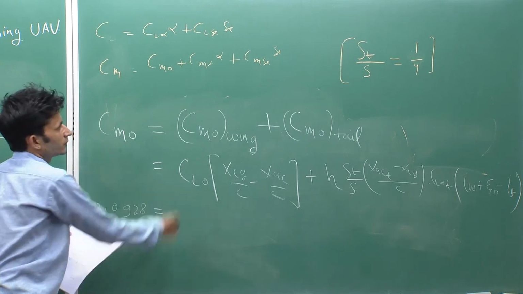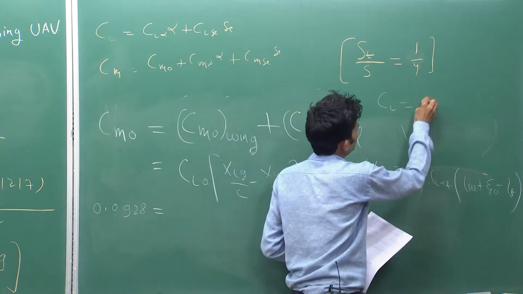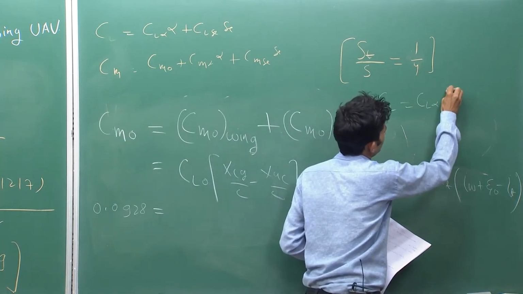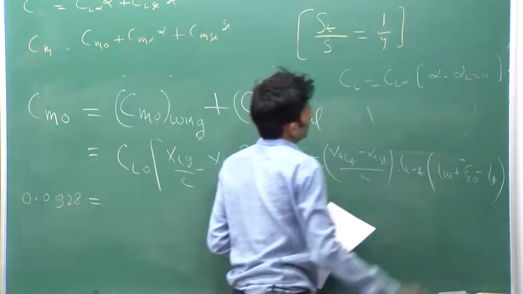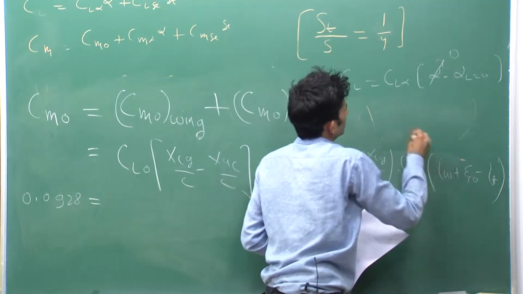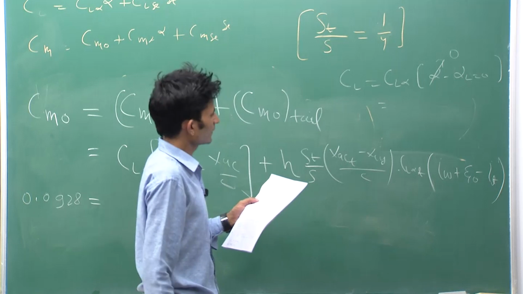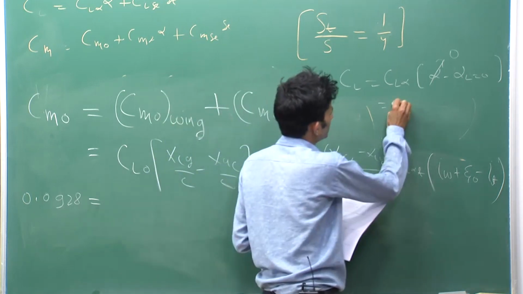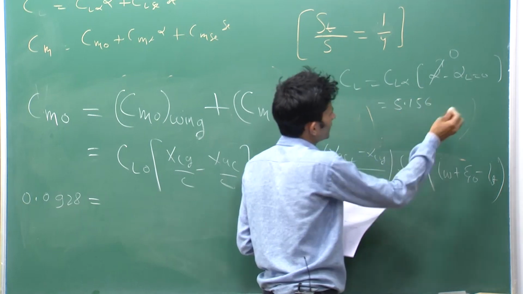What is CL naught? CL naught you can find using this relation, CL equal to CL alpha of the wing, alpha minus alpha lift equal to 0. So if you put alpha equal to 0, what is your CL alpha? CL alpha of the wing is nothing but 5.156, it is per radian.